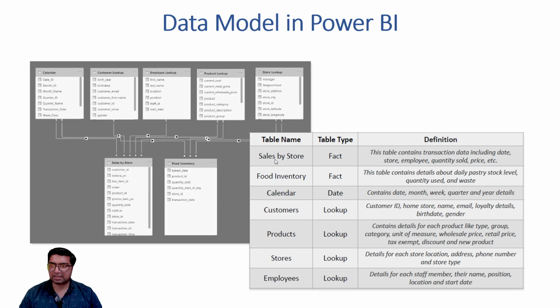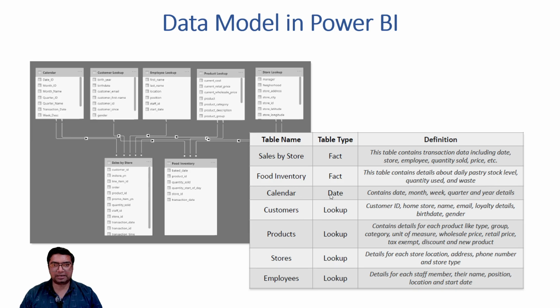The first, sales by store, is basically a fact table, and it has the store, employee, quantity and sold data. We have food inventory, which is also a fact table, with quantity used, wastage and stock level data.